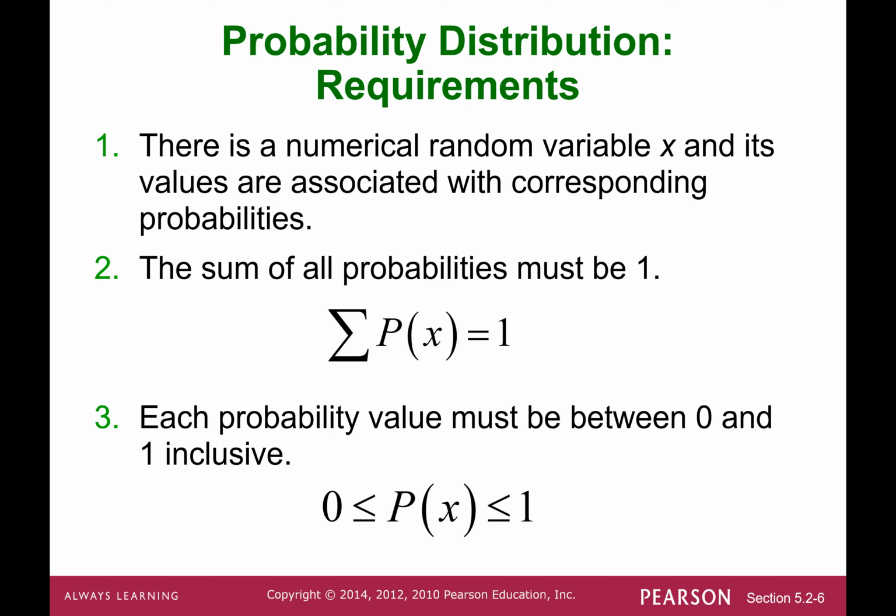Now for a random variable to follow a probability distribution, you need to satisfy two requirements. We have a numerical random variable x, and its values are associated with corresponding probabilities, just like the example of flipping a coin twice.